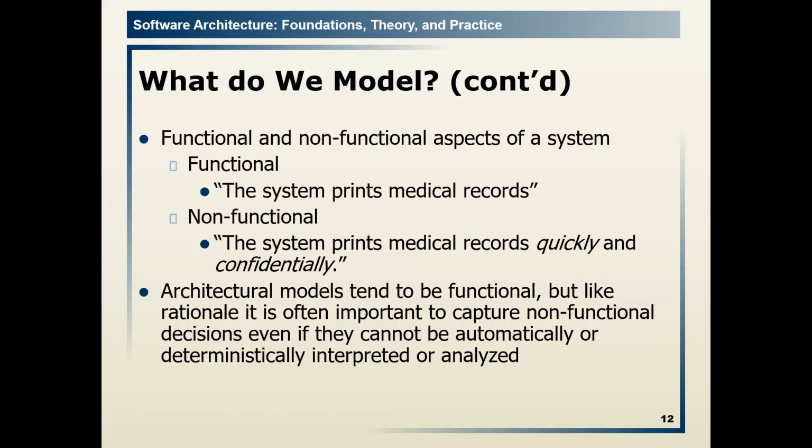In the architectural models, you most of the time find the functional requirements. But like rationale, it is often important to capture the non-functional decisions, even if they cannot be automatically or deterministically interpreted or analyzed.